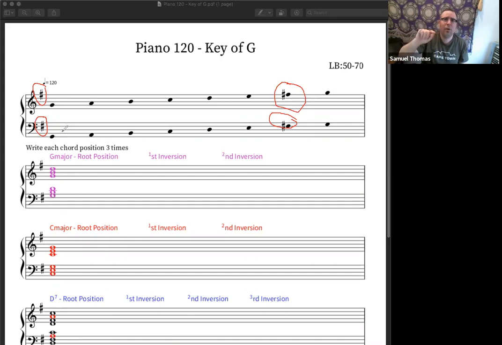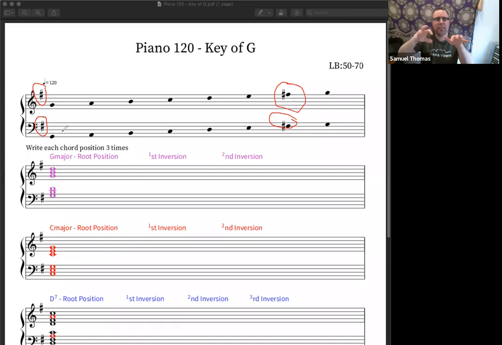And I know that the key that has one sharp, F sharp, is G major. So we are now in the key of G. That's what defines the key of G. Everything will come from the scale. I will now move my hands into G position and play the scale from G position.